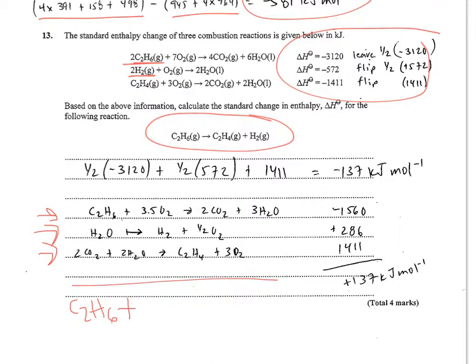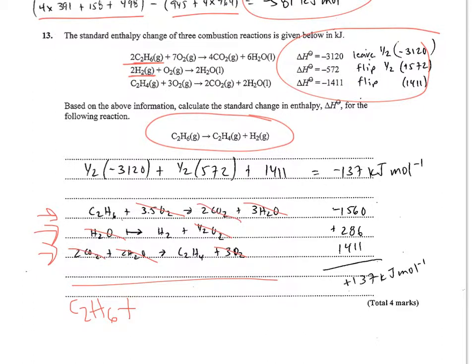The 3.5 O2 is canceled by 3 O2 and half an O2, so that no longer carries through. The H2O, I've got 3 H2O here, and then I have H2O and 2 H2O, so that also cancels out. The 2 CO2 cancels out.